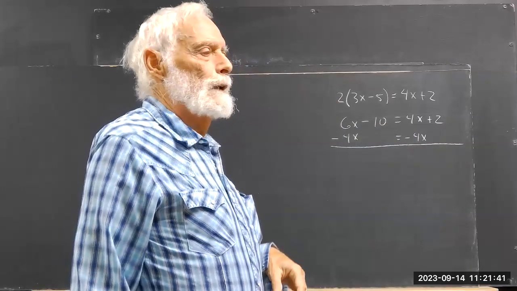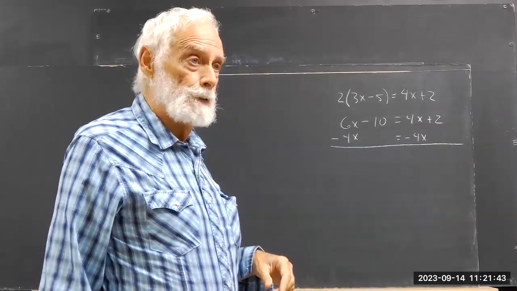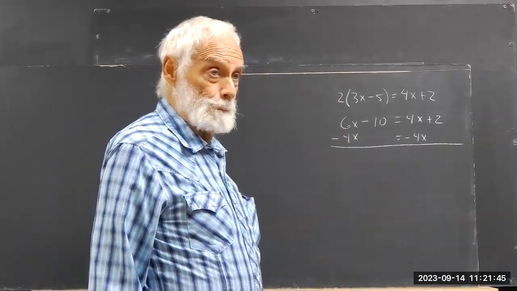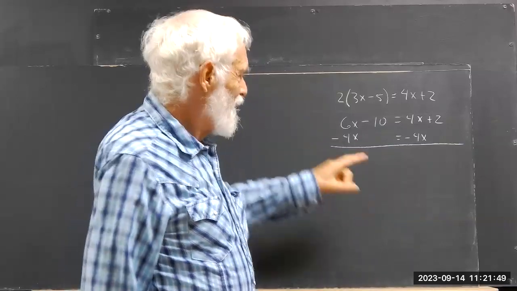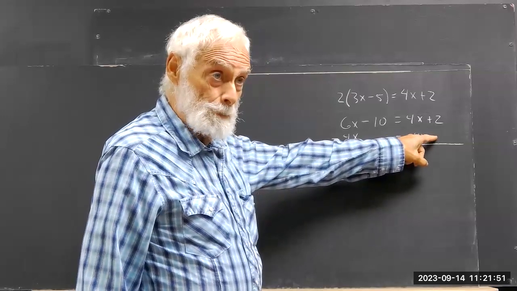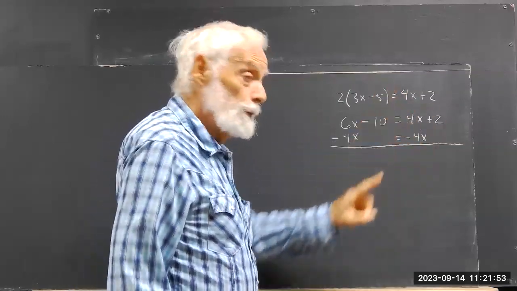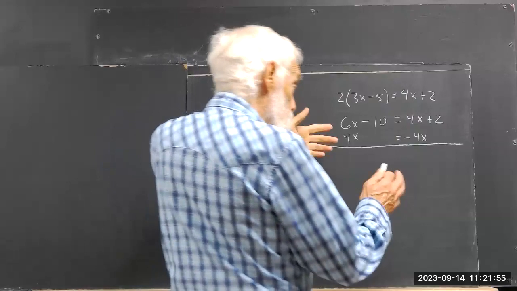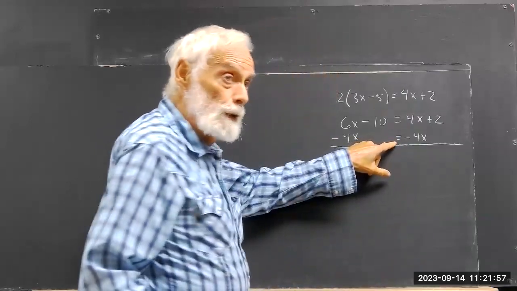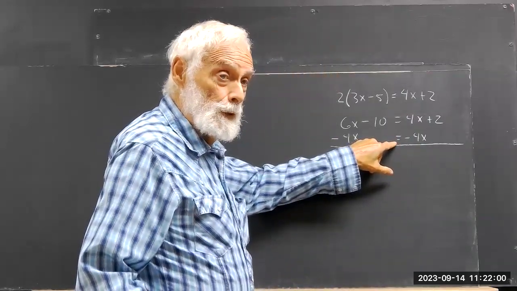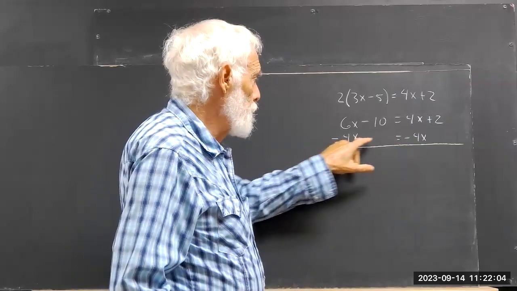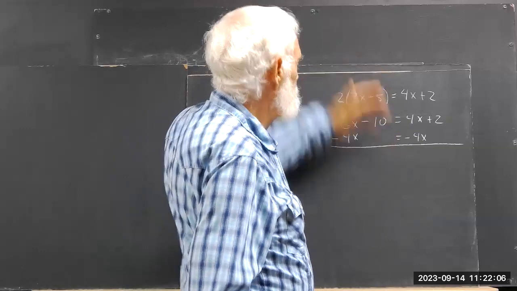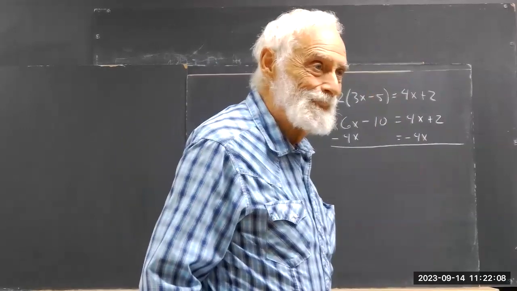I've seen a lot of errors in a couple of classes where people do this and they don't do it right. Okay, I really don't want to see this unless I also see this. And also I want the equal sign there because I've seen people write a 4x here and a 4x here and then put them both on the same side.